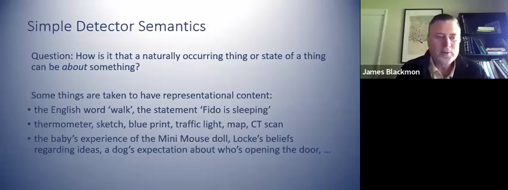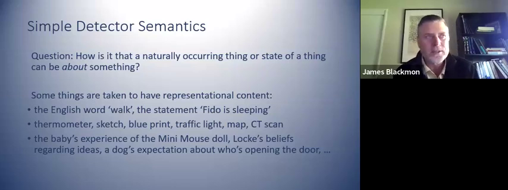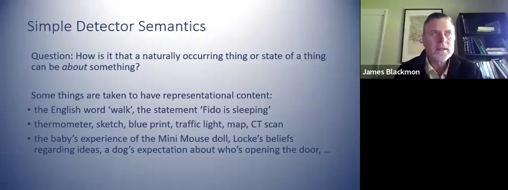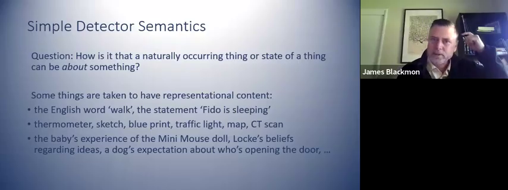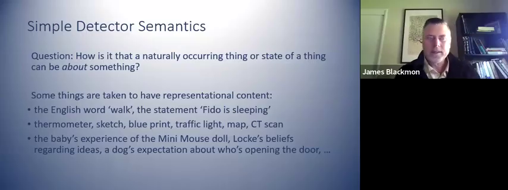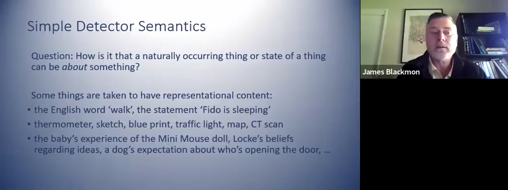Okay. So now we're going to discuss simple detector semantics. This is a term, as I understand it, that Harnish comes up with. In philosophy and cognitive science, there's been a lot of discussion about how to understand mental representation, and more broadly, how to understand representation.